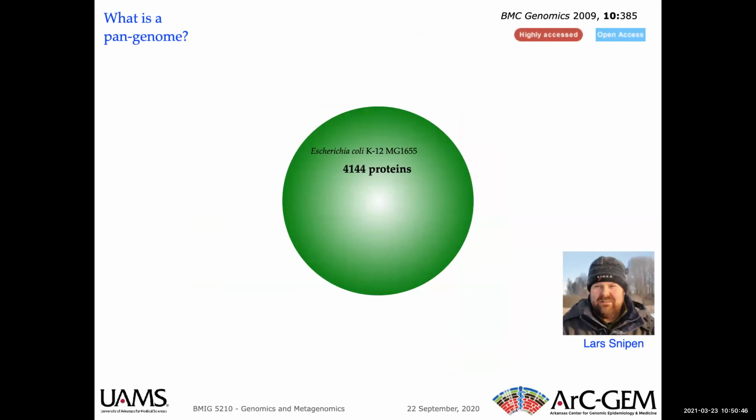And so Lars is a good friend of mine, collaborator. We have a student, Christopher Keel, that Lars and I spent a lot of time on the whiteboard with. Christopher is more kind of mathematical. And we're looking at Panacore, and the K12 genome, this one has 4,144 proteins.